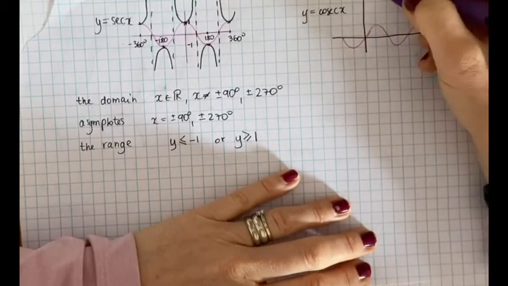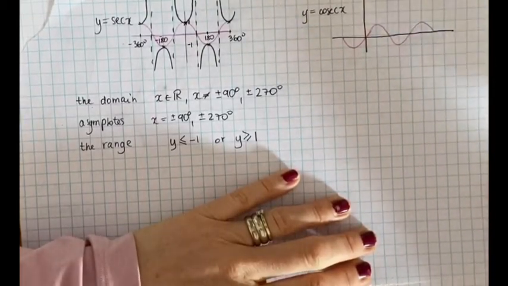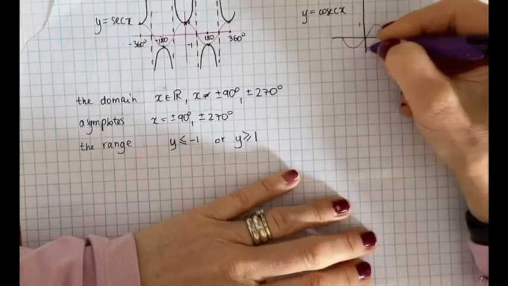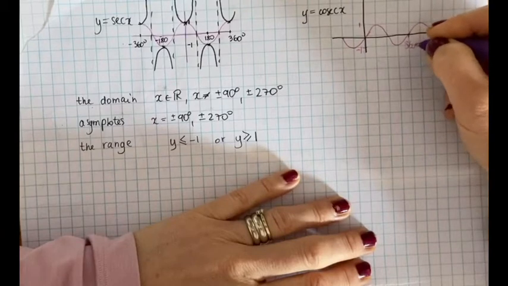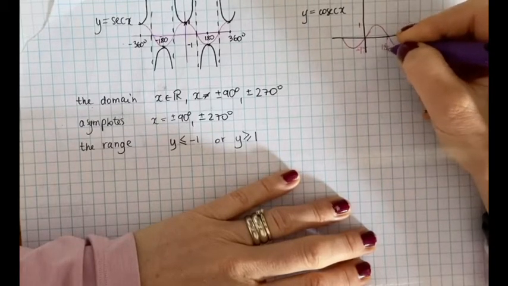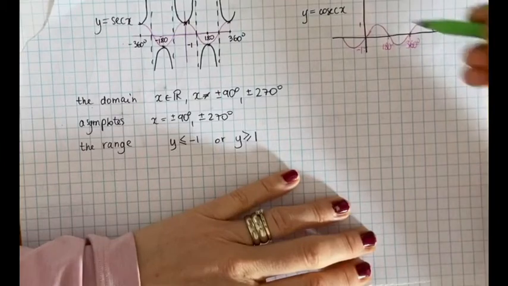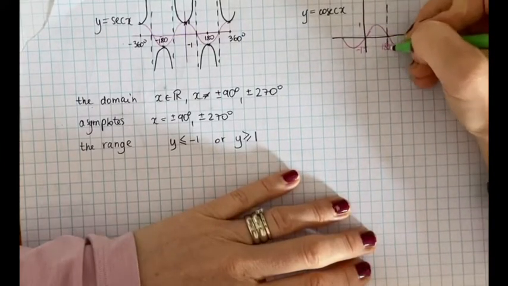Okay, so asymptotes, I'll just put all the values first. So you've got 1 here, minus 1, this is 360 and 180, that will do.